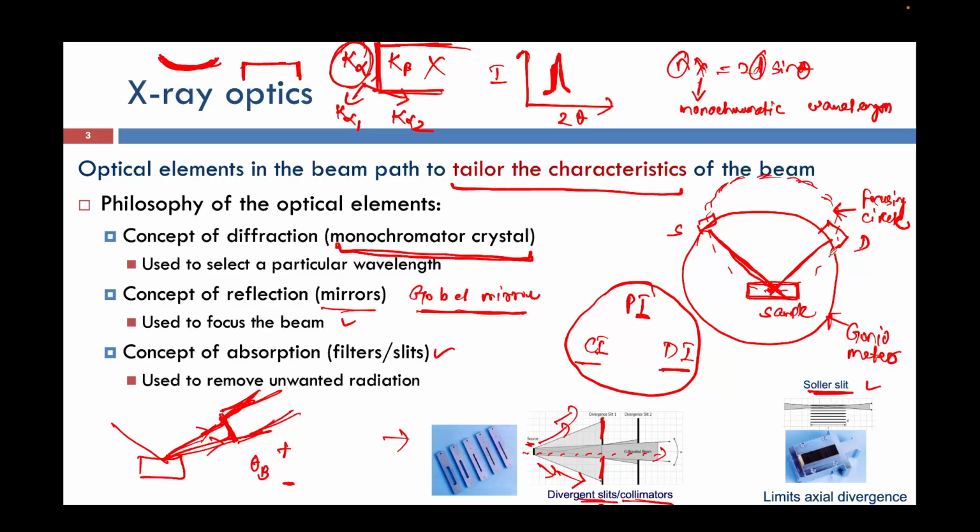So we keep our sample flat and a small instrumental broadening happens. And to make this phenomenon work, we use this Gobel mirror. Why do we use this Gobel mirror? We use this mirror so that the X-ray source will be a little bit curved. We cannot make our sample curved, but we can make our source a little bit curved-like structure.